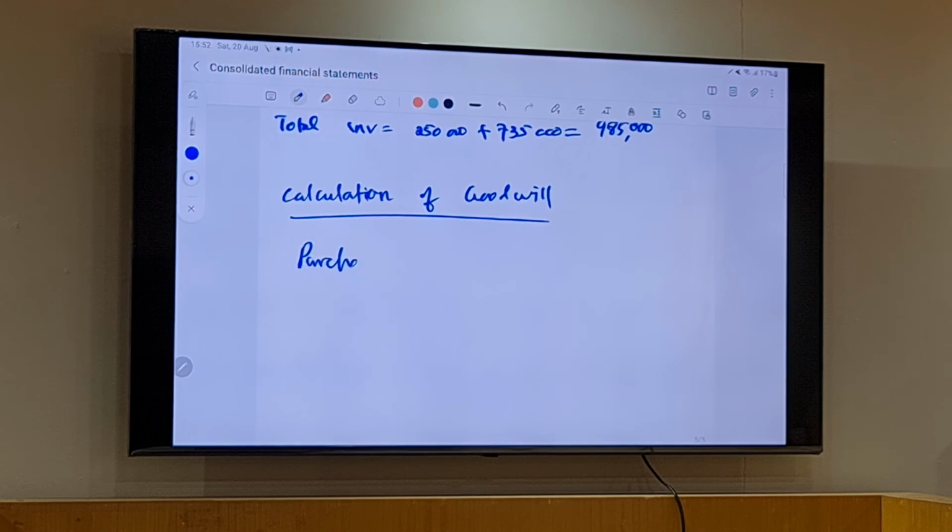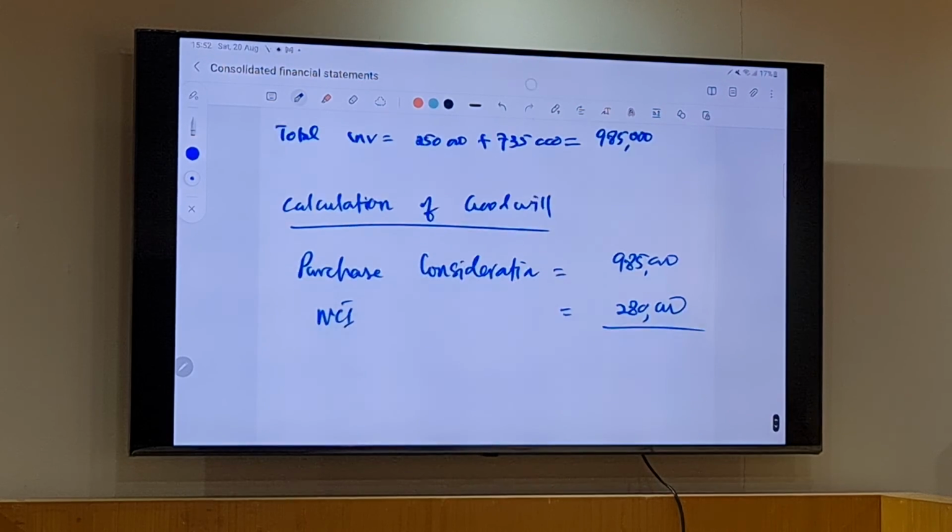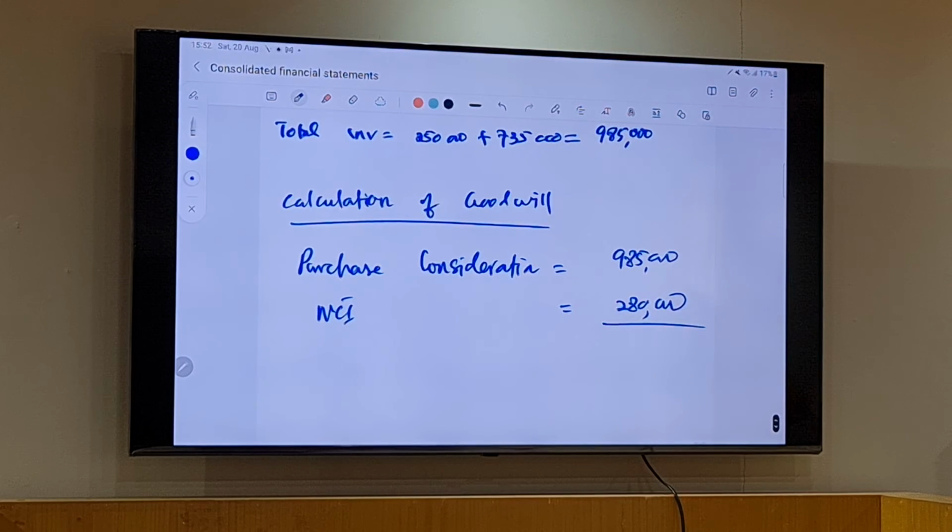Purchase consideration 985, NCI 280, so what is the total? 1,265.